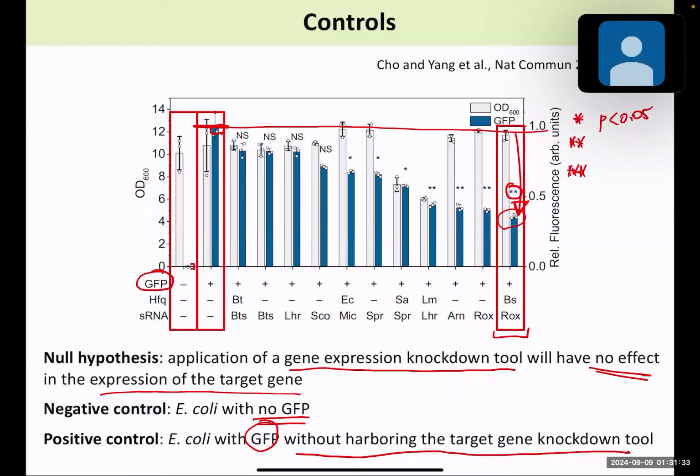When there are two asterisks, normally 0.01. When there are three asterisks, normally 0.001. So very, very significant. And when it's not significant, when the p-value is higher than 0.05, then I designate it as not significant.